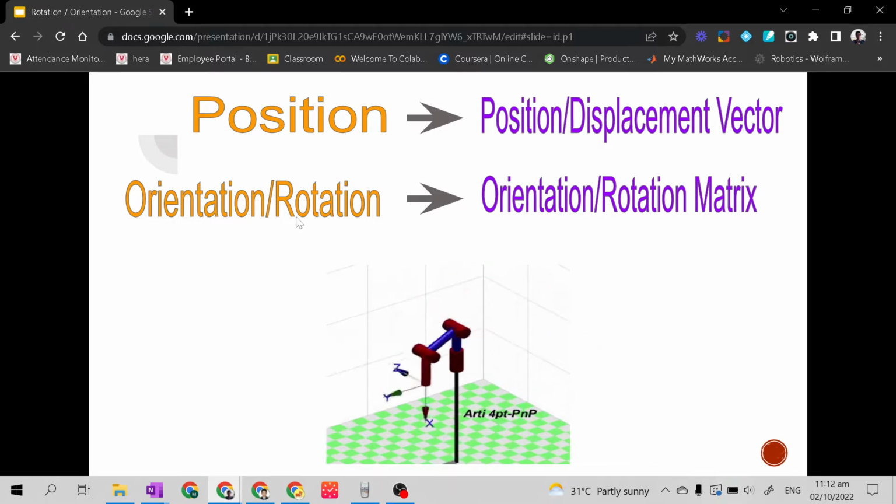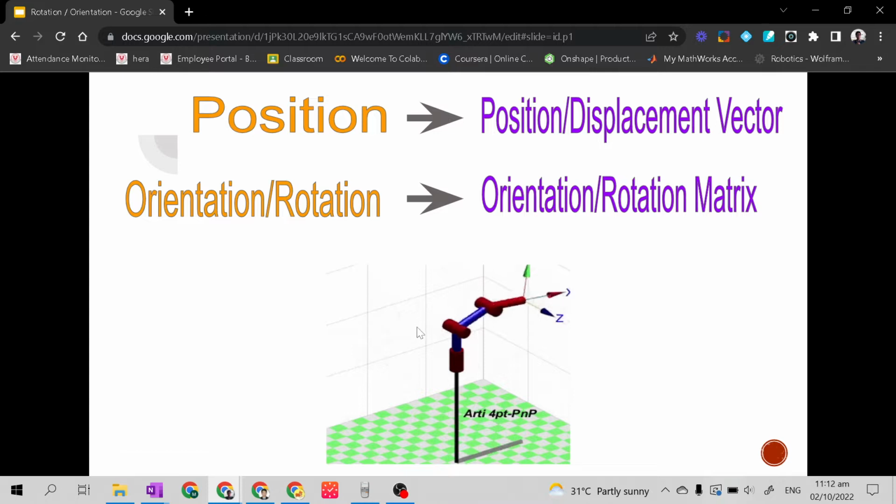The rotation matrix allows the movement of each joint of our mechanical manipulator, especially if it is revolute, while the position or displacement vector allows the movement of the joints, especially if it is prismatic.